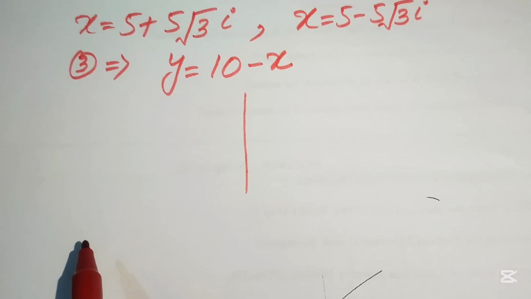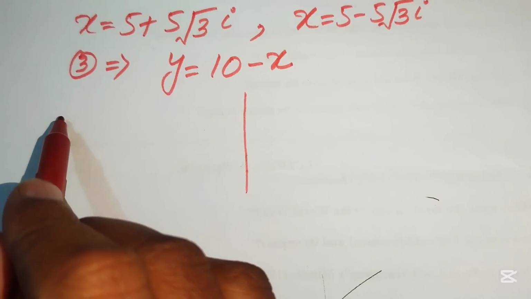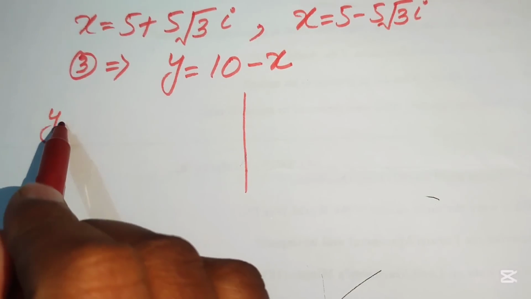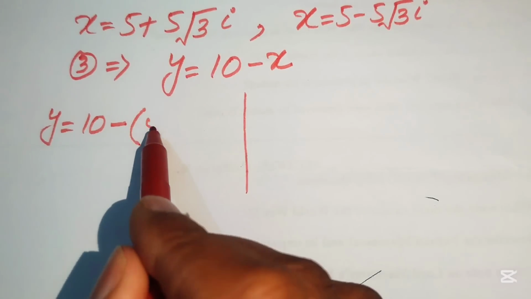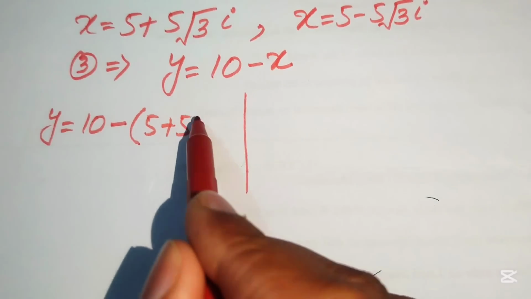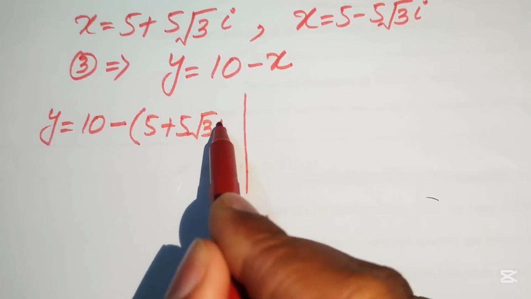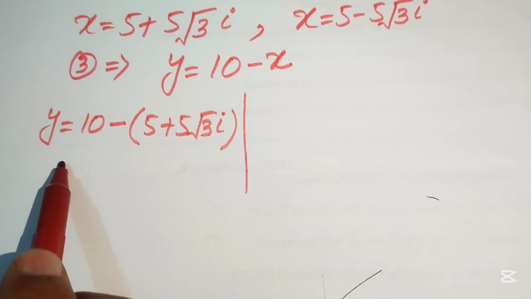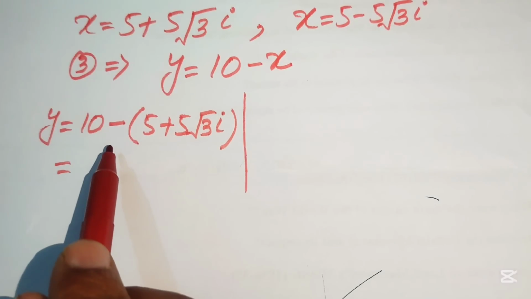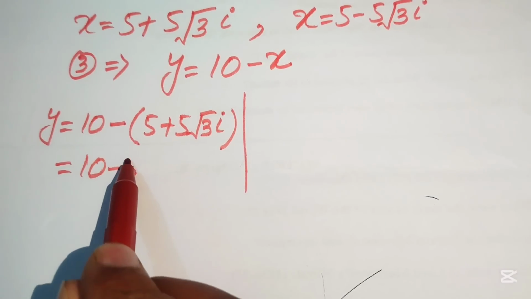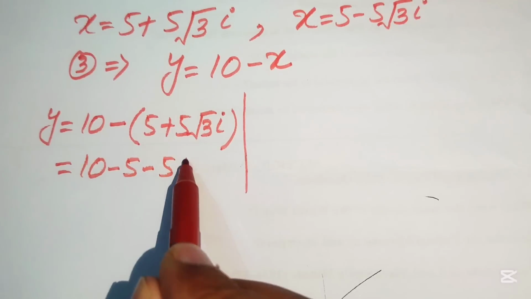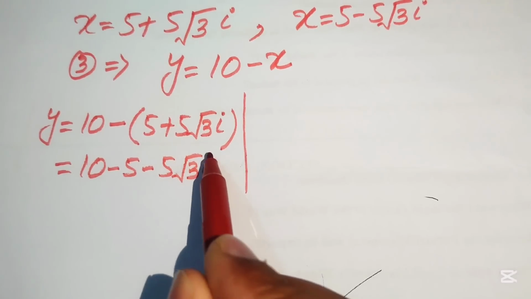So now first we divide this into two cases. We have y = 10 - x, and the value of x is 5 + 5 times the square root of 3 iota. So here we need to multiply this negative sign on each of these terms, and it will be written as 10 - 5 - 5 times the square root of 3 iota.